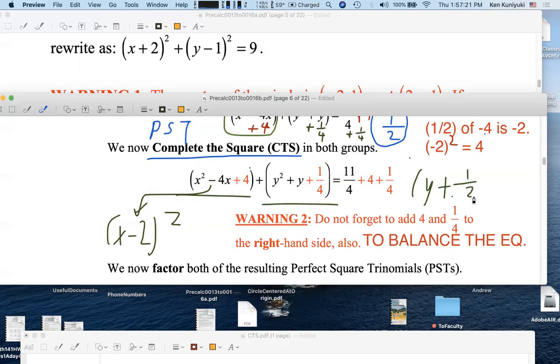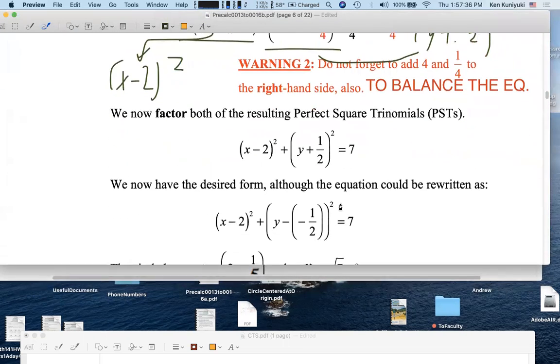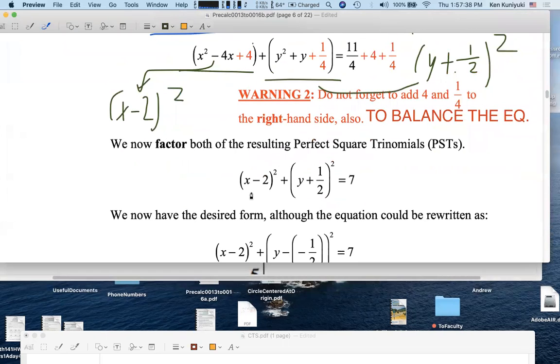So we want y plus 1/2 all squared. Observe that the square of 1/2 is 1/4. The square root of 1/4 is 1/2. So when we factor these two PSTs, we get the square of x minus 2 plus the square of y plus 1/2 equals 7.